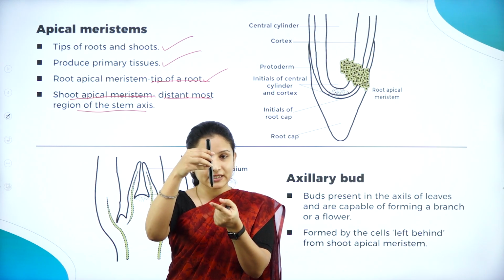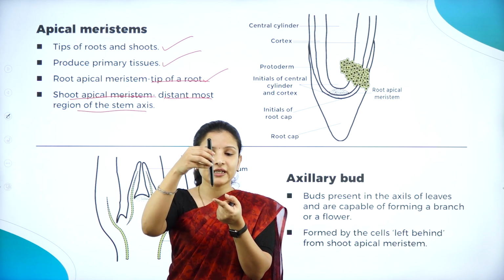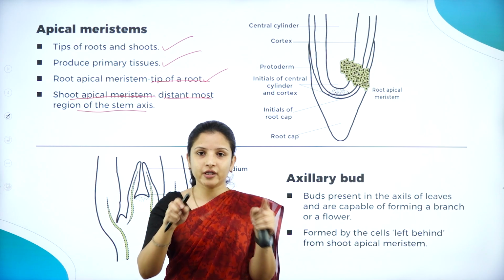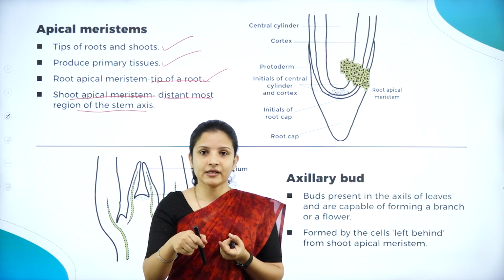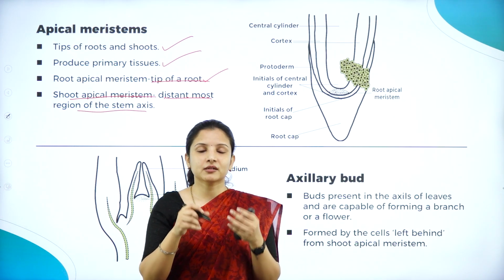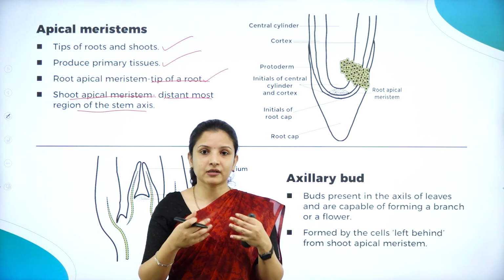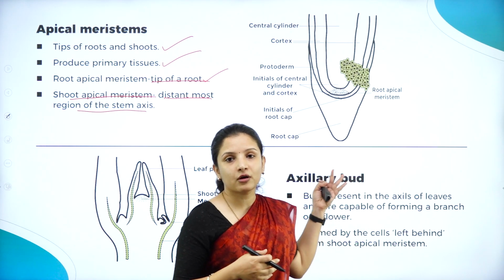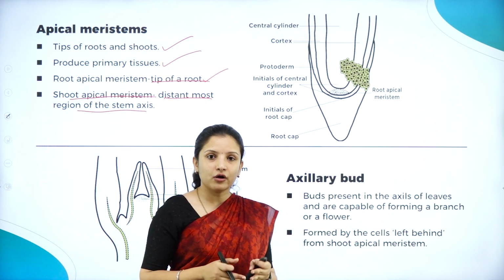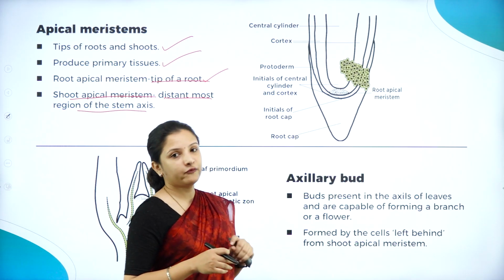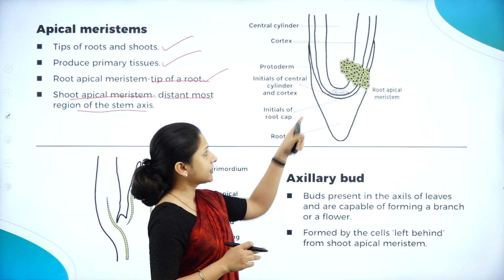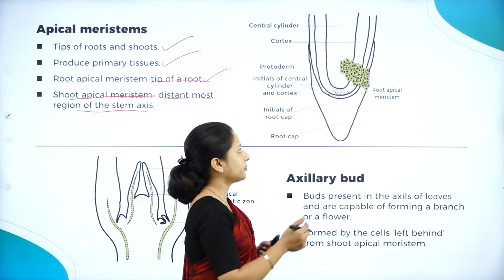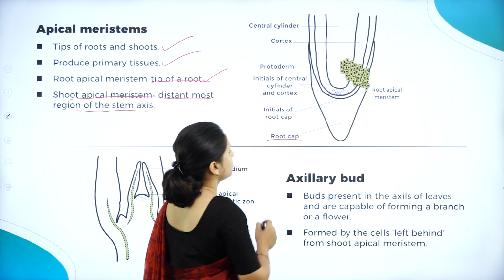When the root increases its length towards the soil, it will have to push the soil particles and grow beneath, right? If it has to grow beneath, a tough layer should be covering it, or else what happens? The newly formed cells of the apical meristems may get damaged. So in order to prevent that, the root cap is present at the tip of the root, covering the root apical meristem. So therefore we have the root cap.